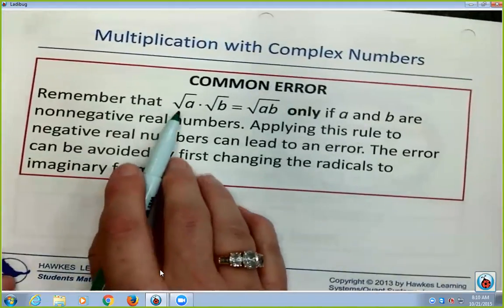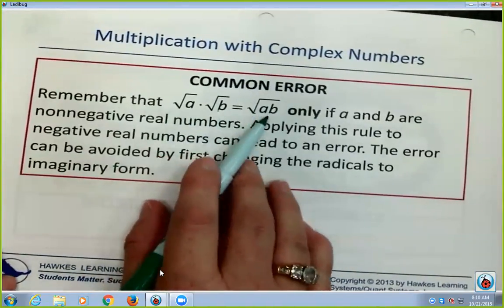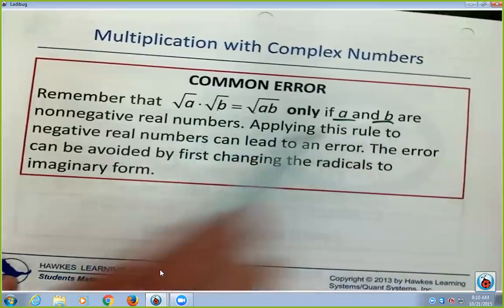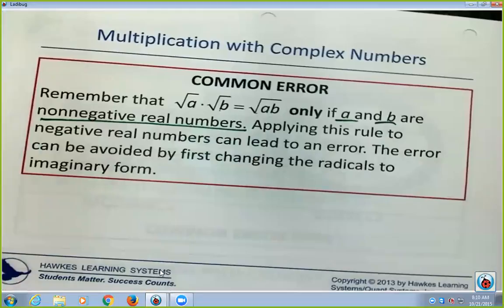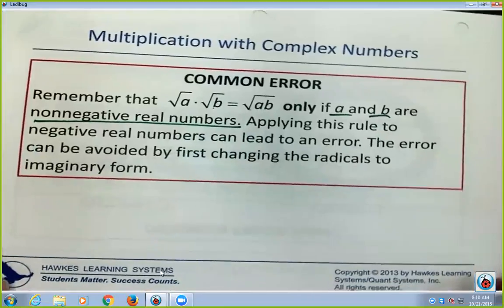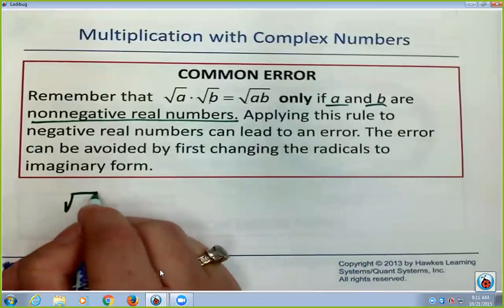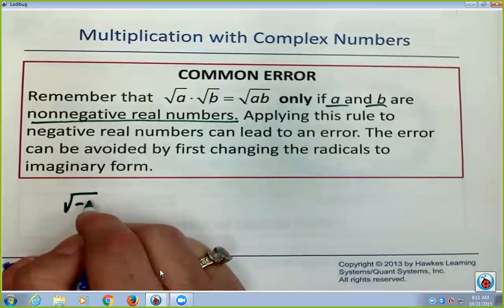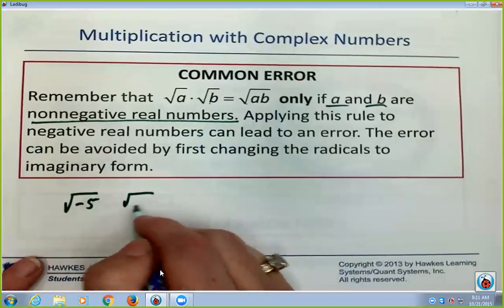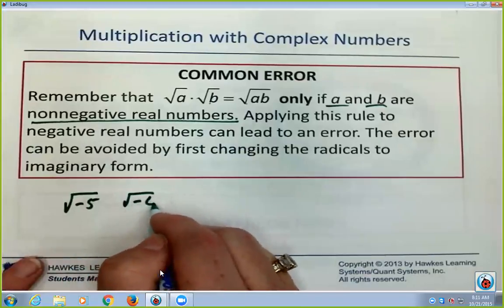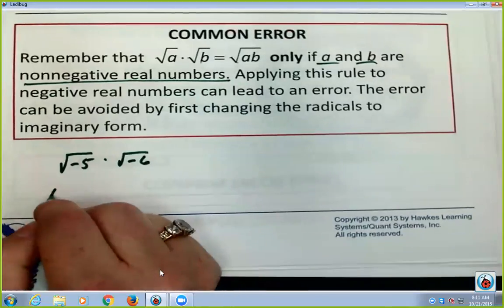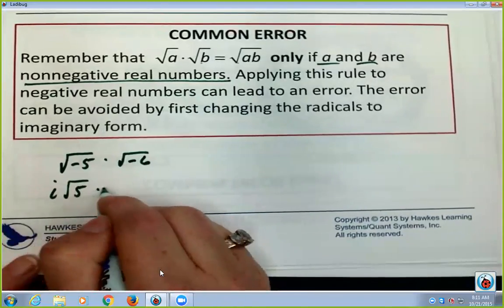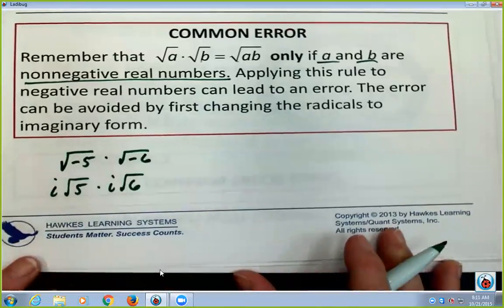So remember that the square root of A times the square root of B is the square root of AB only if A and B are non-negative real numbers. So if there's any negatives under there, you're going to need to make sure you remove those first. So if I had the square root of -5 and the square root of -6 and I'm multiplying those, I need to have i square root of 5 times i square root of 6.